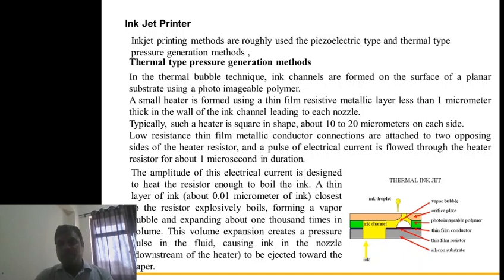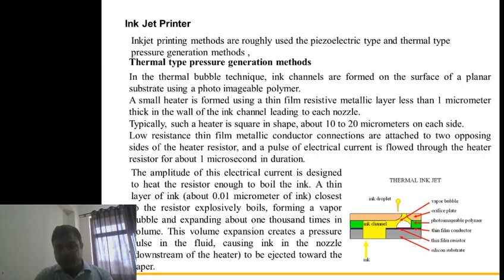See this particular diagram, here we use a thermal inkjet. There is an ink channel, and ink is available in the ink channel. Then we create pressure on this ink with the help of vapor bubbles.